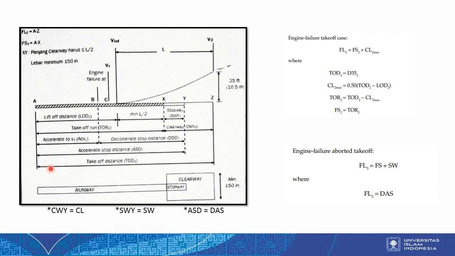So the takeoff distance is the runway plus the clearway, and this is the equation to find the TOD, CL, TOR, and FS for the engine failure takeoff cases, and if there is no engine failure, the takeoff cases use these equations.